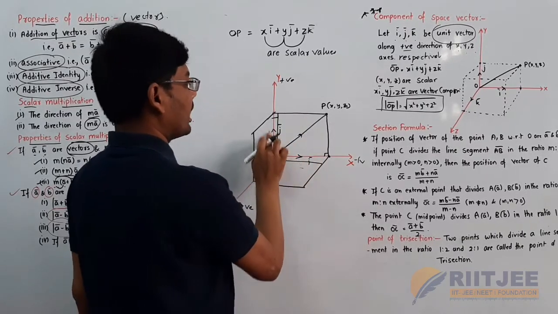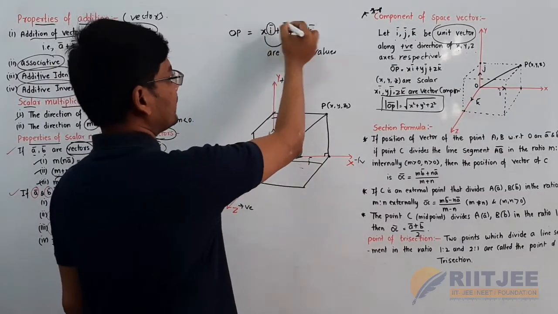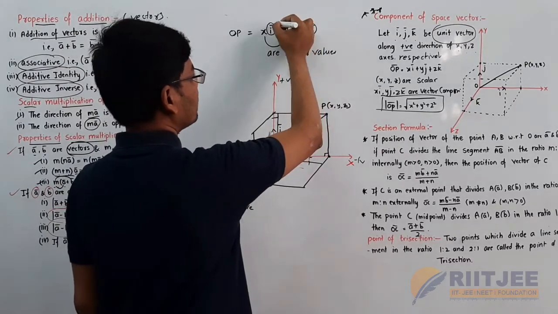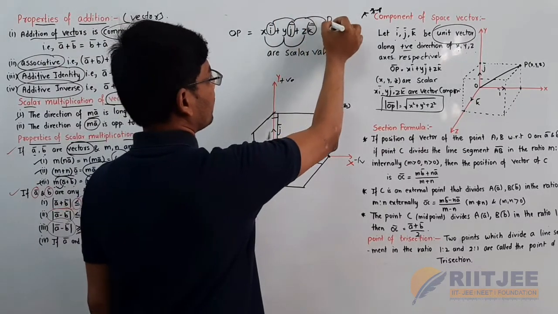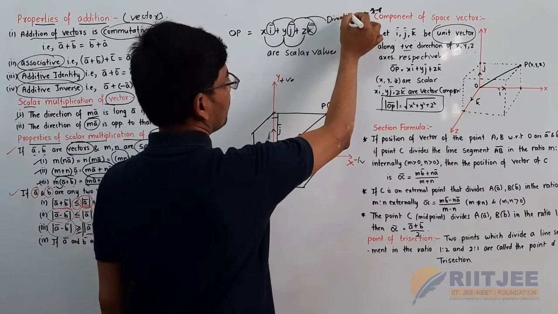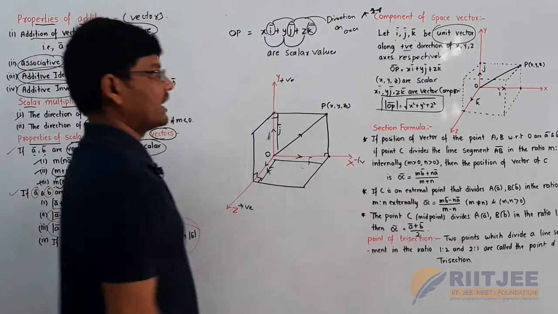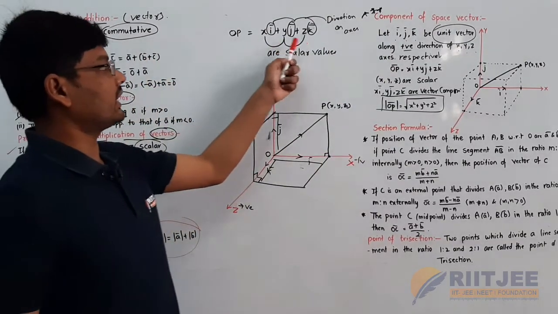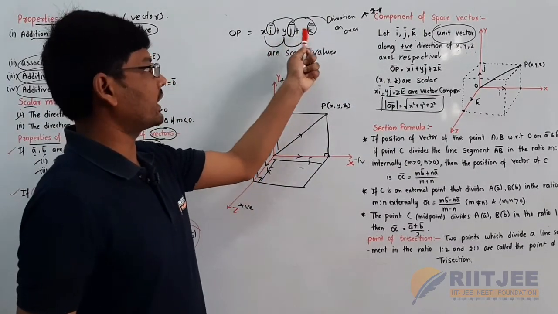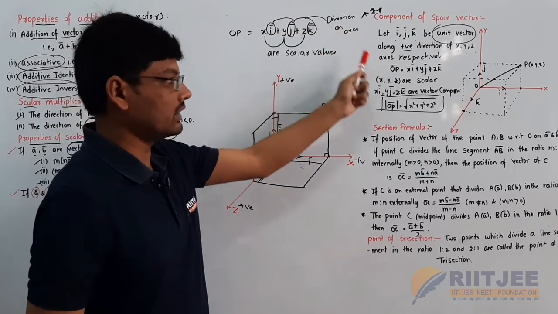And i, j, k are the directions on the axes.